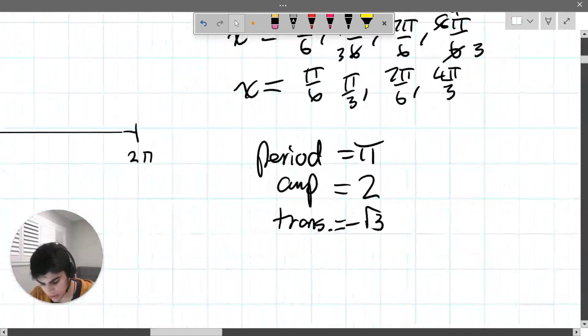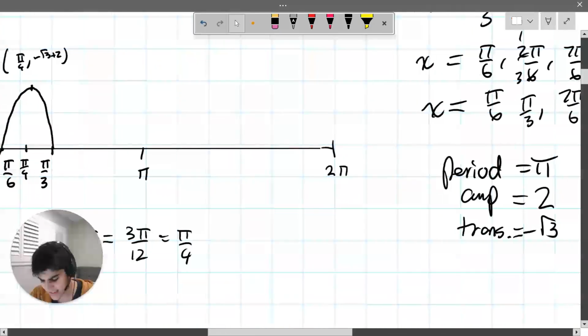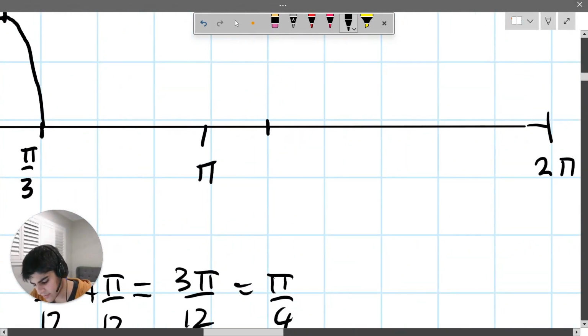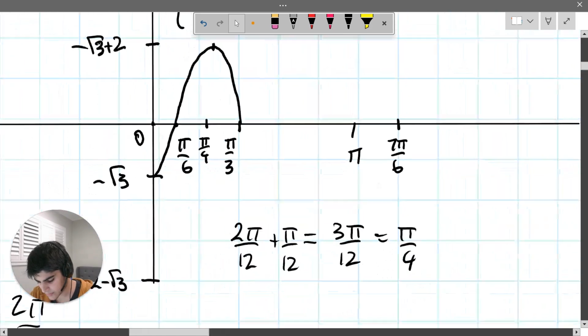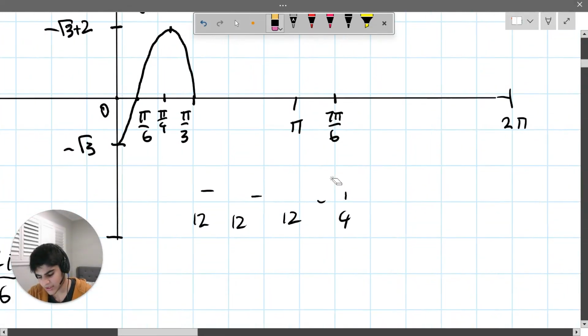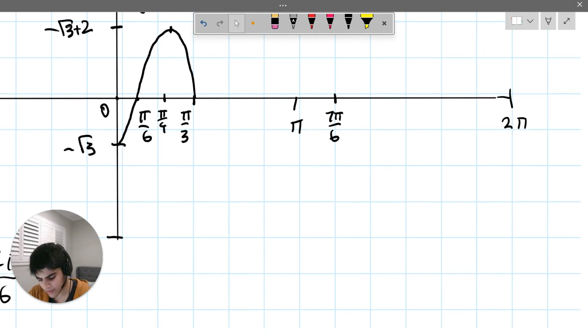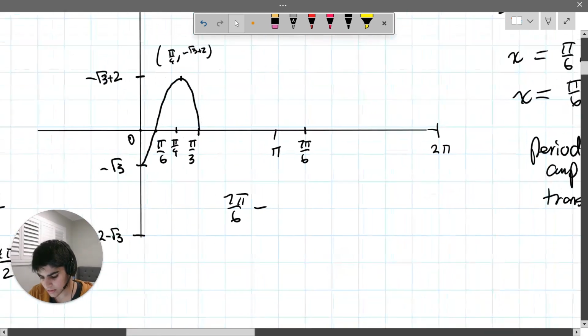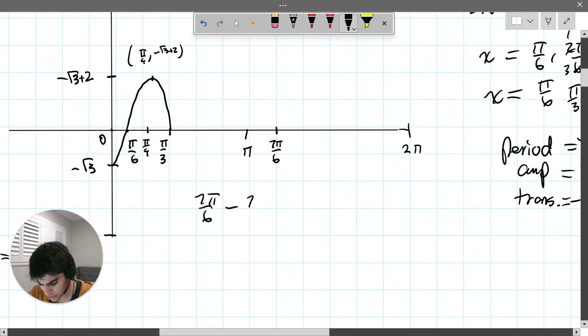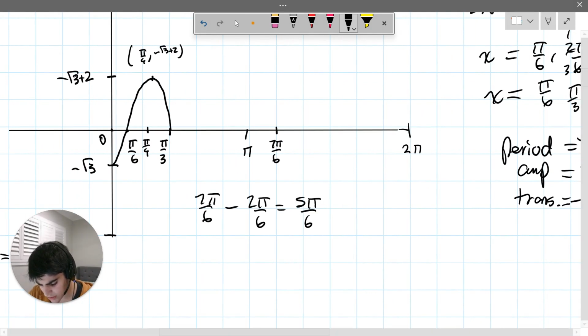Next point. The next point is 7 pi on 6. Now 7 pi on 6 lies approximately here. Let's erase this. Now the distance between pi on 3 and 7 pi on 6 is 7 pi on 6 minus 2 pi on 6, which equals 5 pi on 6.